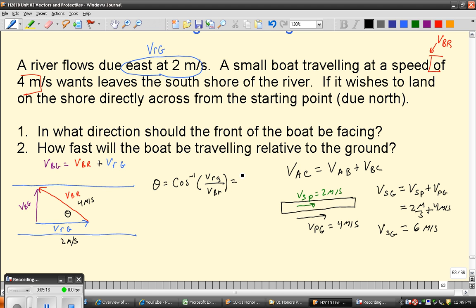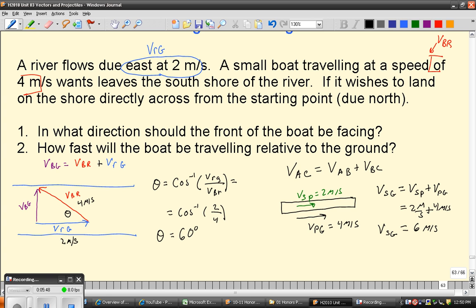We're plugging in the numbers. 2, it's right here, inverse cosine of 2 divided by 4. So the inverse cosine of 1/2. And that's going to give us a theta that is equal to 60 degrees. So our crab angle here is going to be 60 degrees.